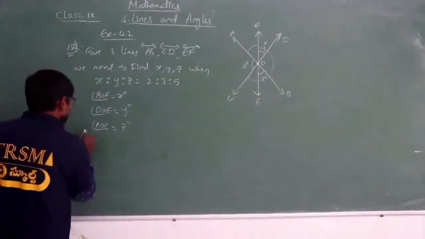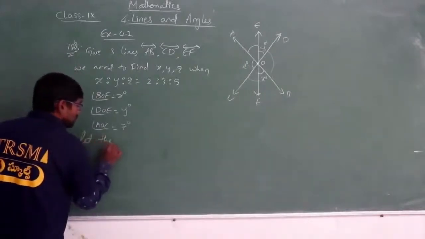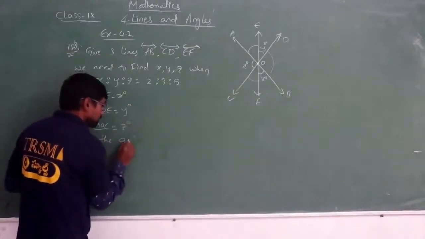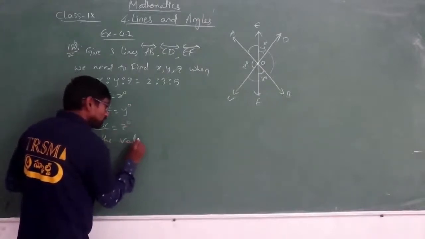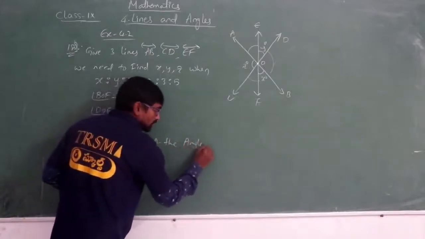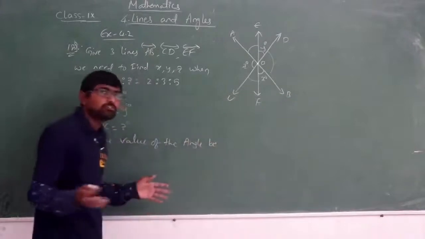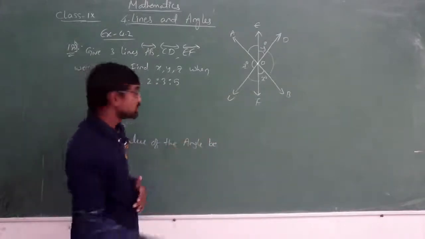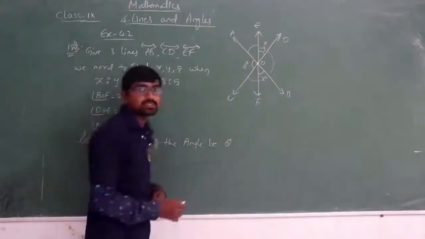A. So let the value of the angle be any alphabet you can take. As I have x, y, z, I can take any angle on behalf of that. So here I am taking directly the angle symbol.